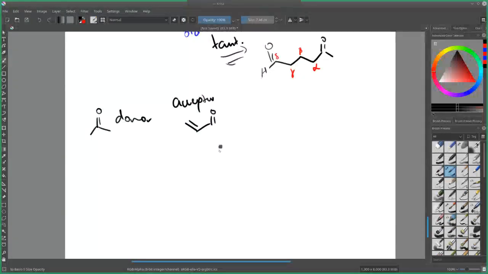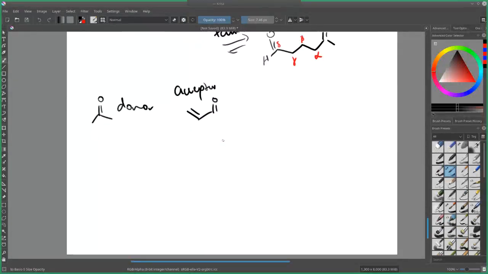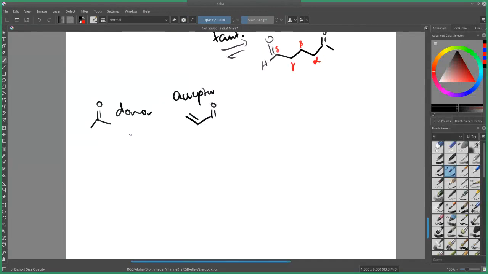Okay. And the difference between donors and acceptors is just something that you've seen a whole bunch before. All right. Here, this donor has a lot of electron density. And here, the acceptor is a very withdrawn double bond.